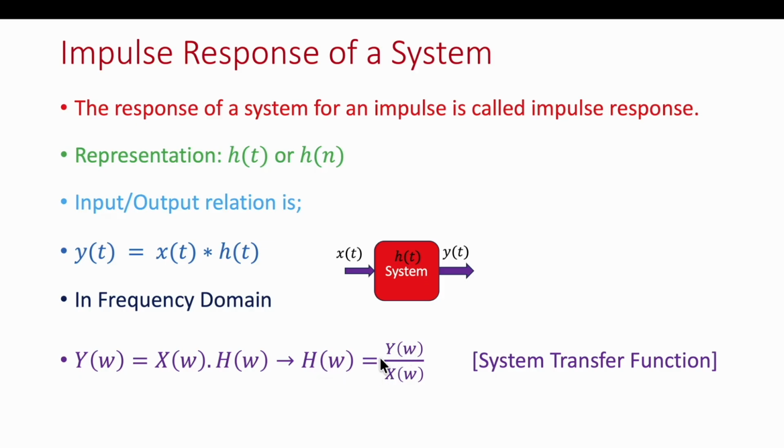This is known as the system transfer function. If you take the inverse Fourier transform of this equation, you will end up with h of t. You can write the same function using the Laplace transform, and at the end you can take the inverse Laplace transform to get back the system impulse response.